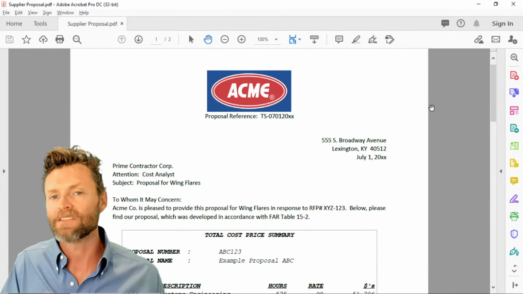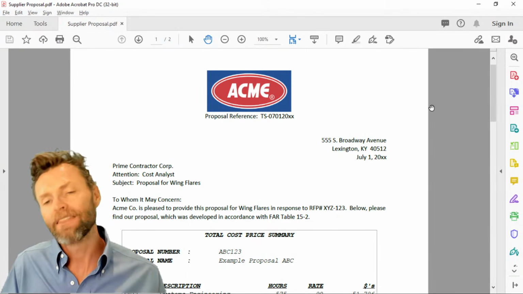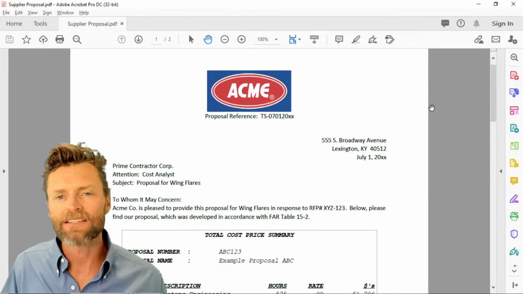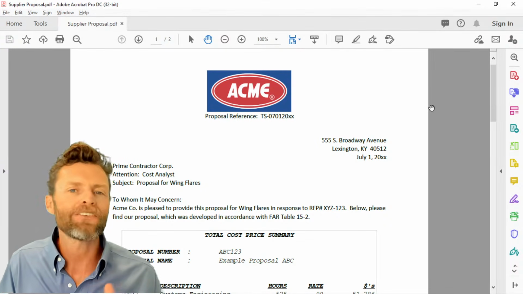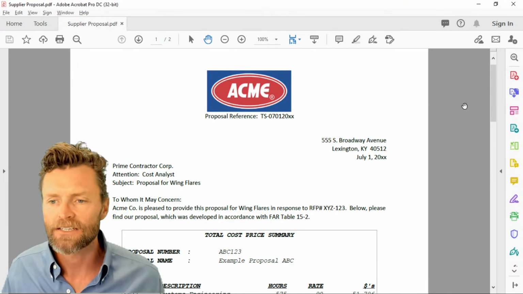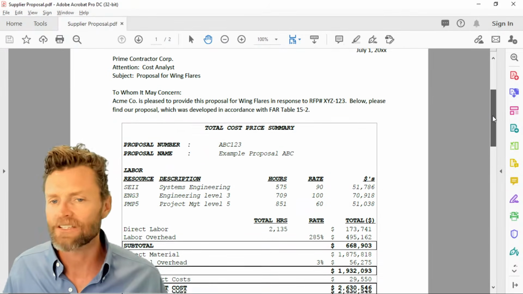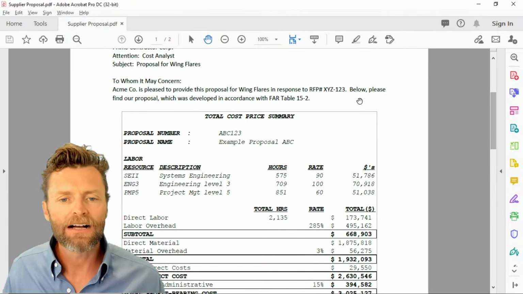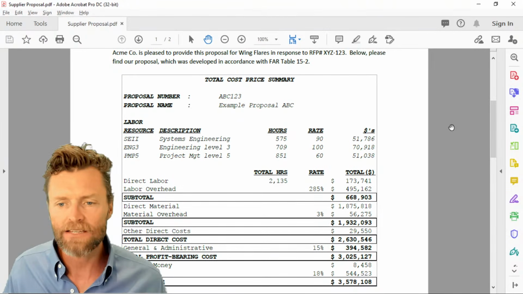Sometimes you'll get proposals that are many pages long with lots of supporting data. This is from a supplier that knows what the process requires, but they haven't really included everything that we need. So we're going to have some RFI questions. As we do our first pass and read through the proposal, we can see that they've got their total cost price summary.